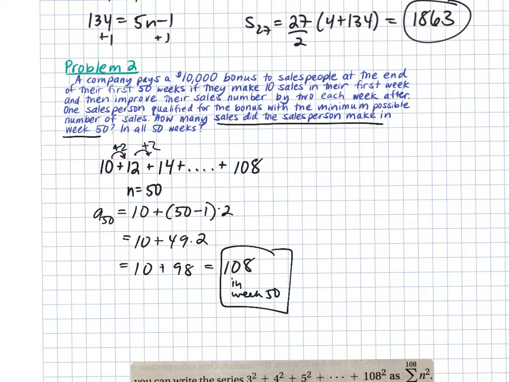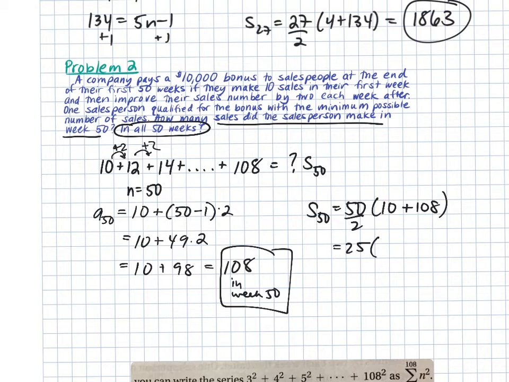And then we need that to solve for how many sales they made in all 50 weeks. So we would just be adding these all up. Right, so this is my S of 50. S50 equals 50 divided by 2 times the first term plus the last term, which is 25 times 118, which is 2,950 sales in total for 50 weeks.